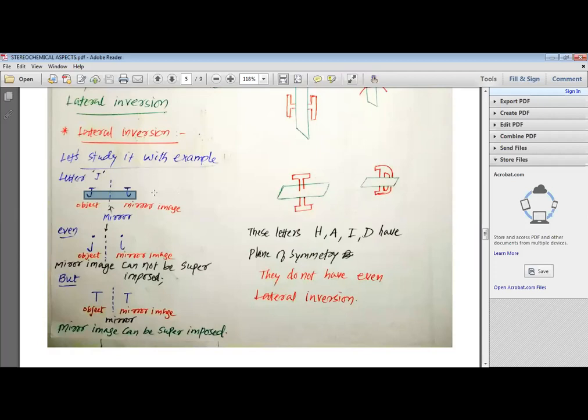What happens? The curve which is on the left side in the left J turns out to be a right side curve in the right J. This is what is called lateral inversion.